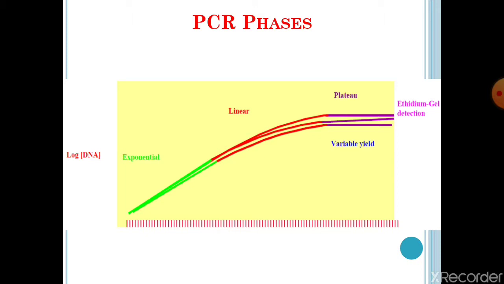It is happening because the depletion is occurring at different rates for each replicate. Now the reaction starts to slow down and the PCR product is no longer being doubled at each cycle. So in this phase the doubling has stopped. The three samples begin to diverge in their quantities during the linear phase.